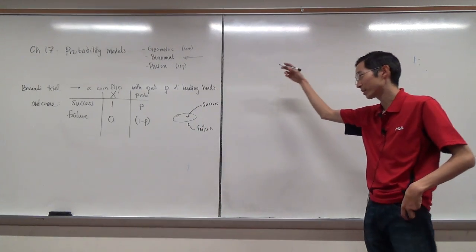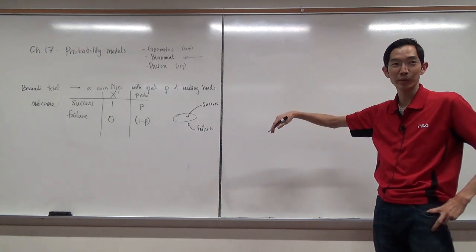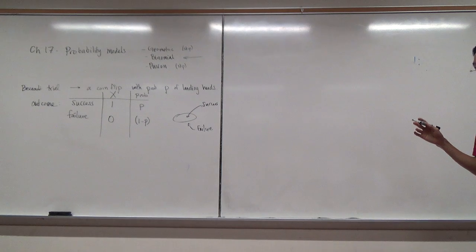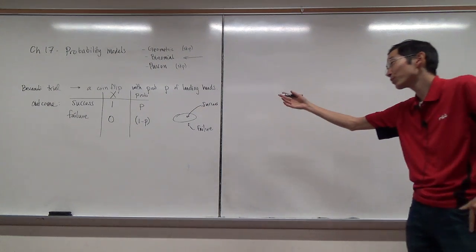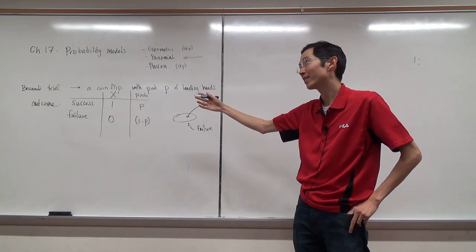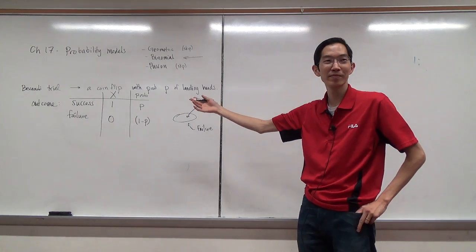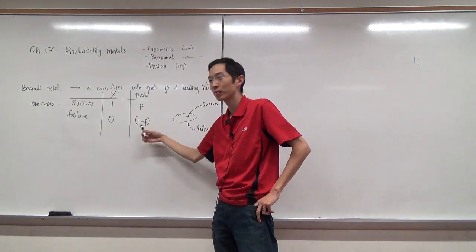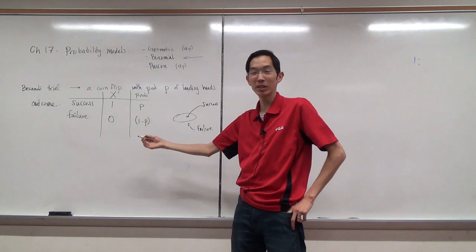So it's not necessarily 0.5, it's P and 1 minus P. That's a Bernoulli trial. What is the mean for the random variable? It would be P. We just do 1 times P and 0 times 1 minus P, and we get that the mean is P.